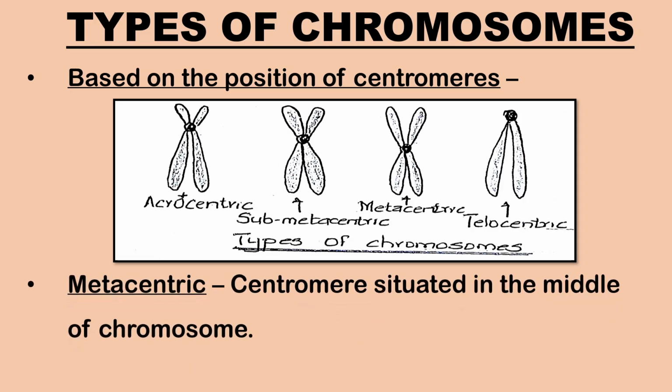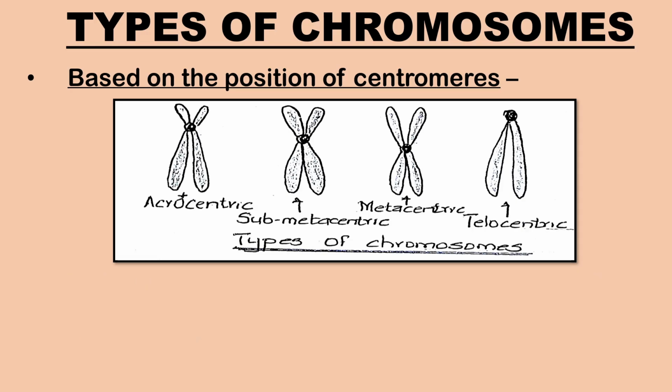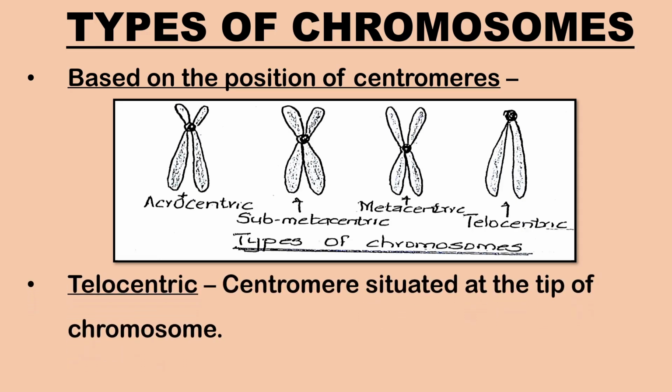In metacentric chromosome, the centromere is situated in the middle of the chromosome with two equal arms. In telocentric chromosome, the centromere is situated at the tip of the chromosome. It possesses only one arm.